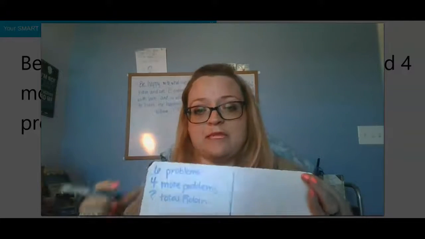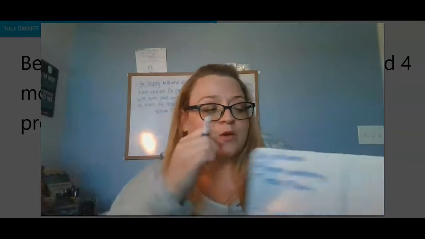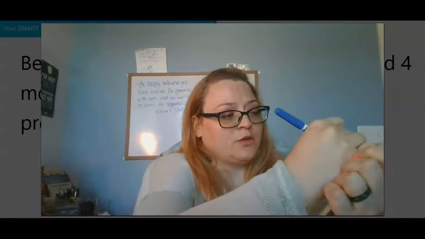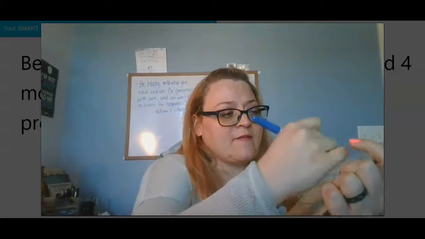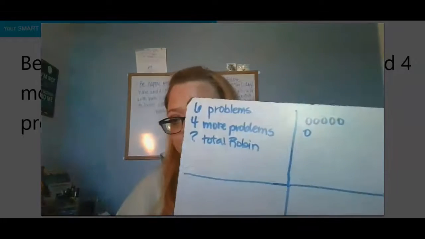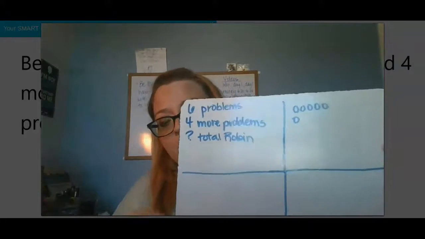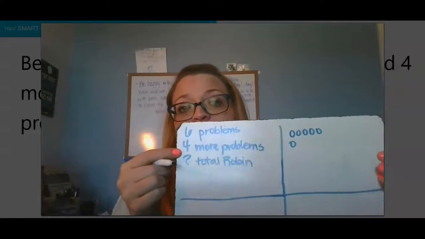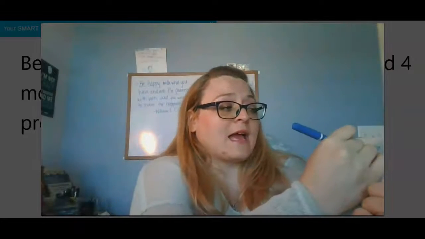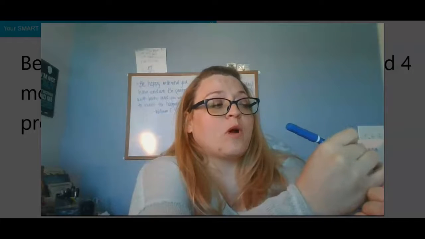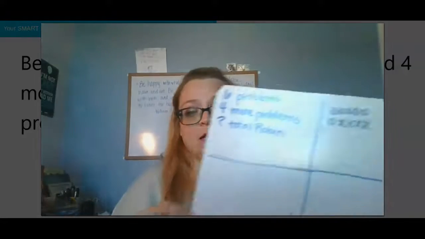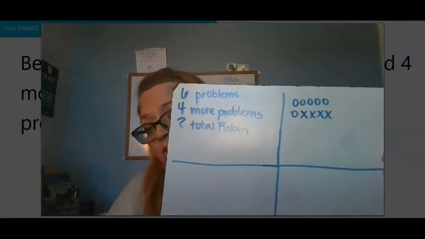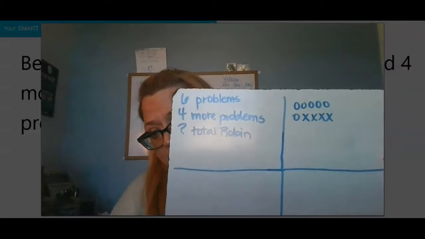How many problems did Ben write? 6, so I'm going to draw 6 circles. 1, 2, 3, 4, 5, 6. Okay, how many more problems did Robin do than Ben did? 4. So I need to draw 4 X's to do the more ones that Robin had. So how many total problems did they have?